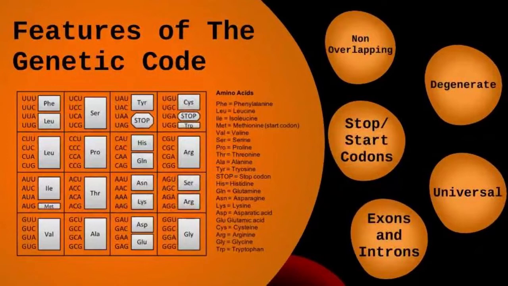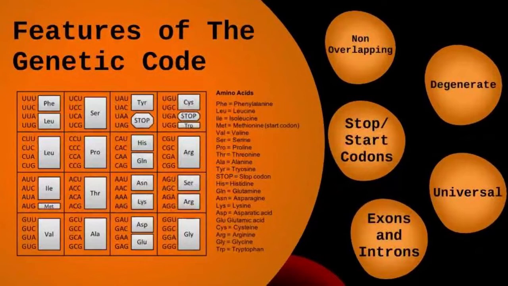Another feature you need to know is that the genetic code is degenerate. This means that more than one triplet codes for the same amino acid, reducing the number of mutations. Now there are 20 different amino acids in the body. We have 4 different nucleotide bases, but we actually have 20 different amino acids.